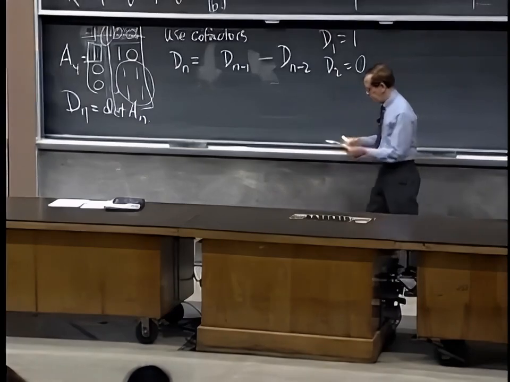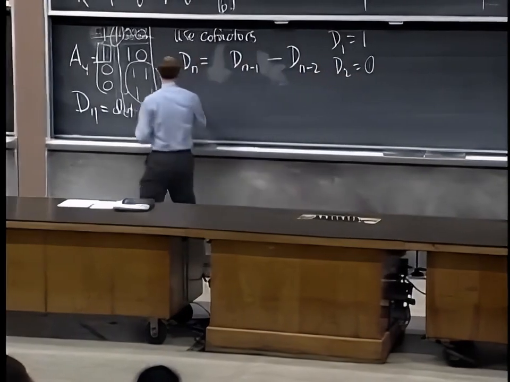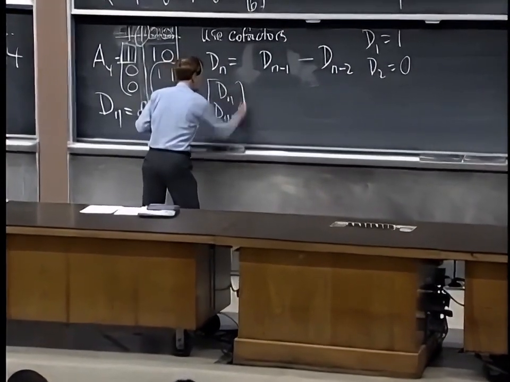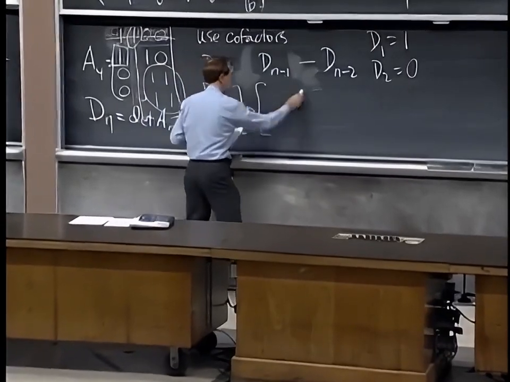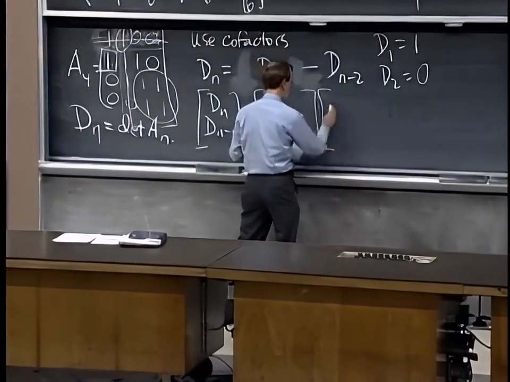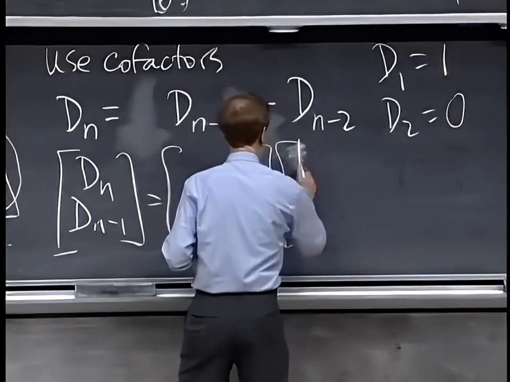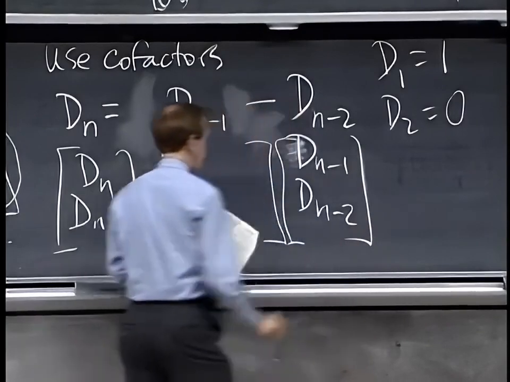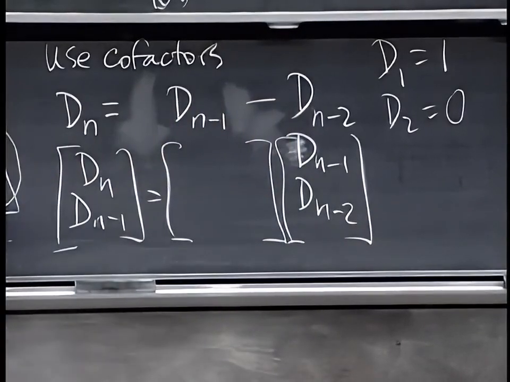And then the idea is to write this recurrence as Dn, Dn minus 1 is some matrix times the one before, Dn minus 1, Dn minus 2. What's the matrix?